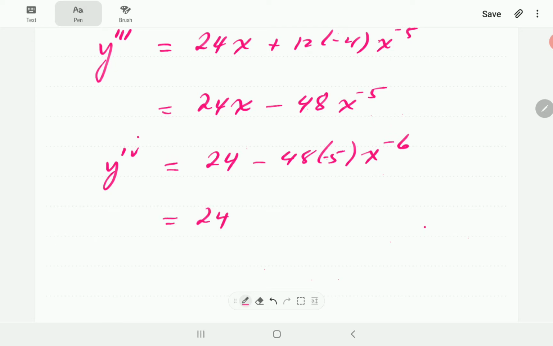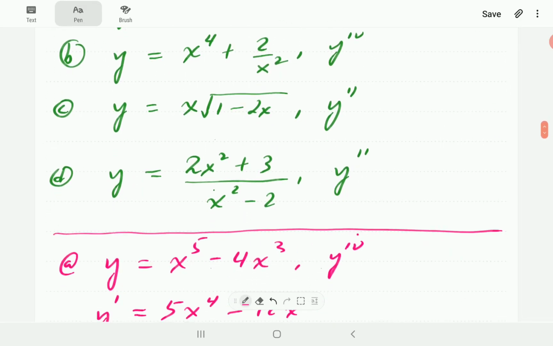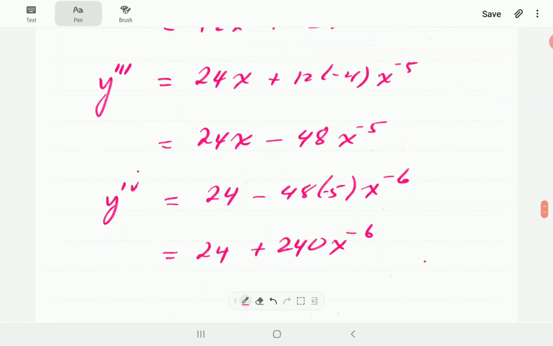So 48 times 5, this is going to be plus now. 5 times 8 is 40, 5 times 4 is 20. So that's going to be 240x to the power 6. And so that's going to be our fourth order derivative. All right, now we're going to go to example number C.